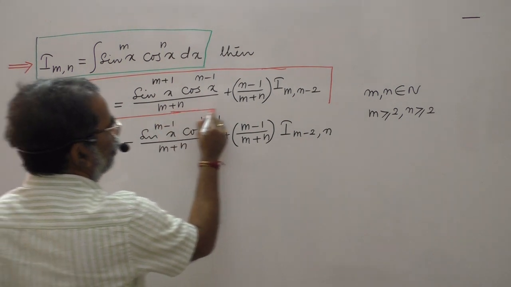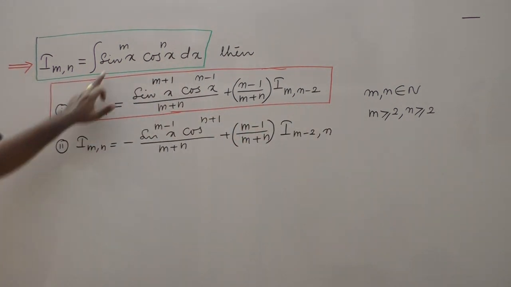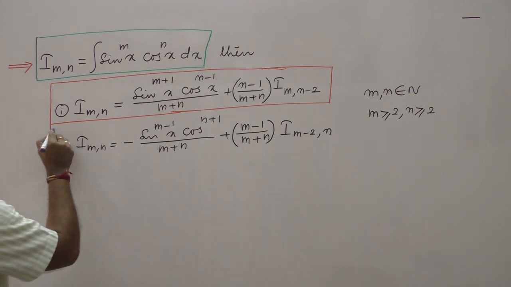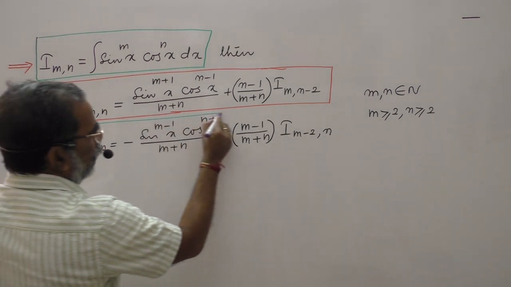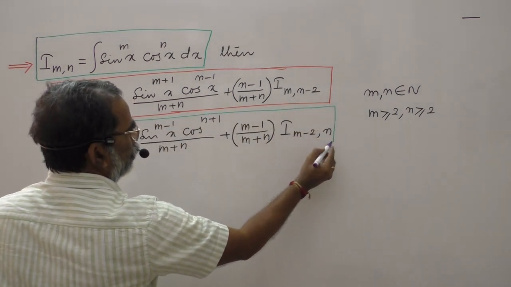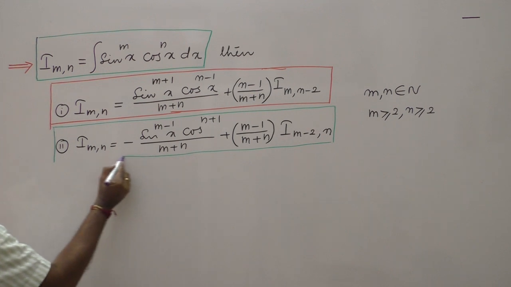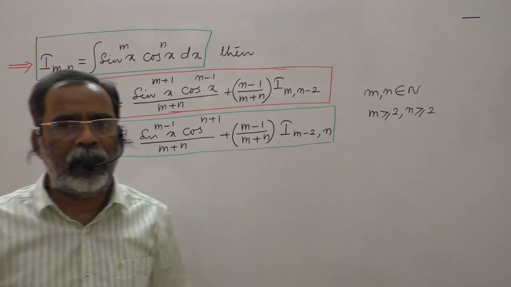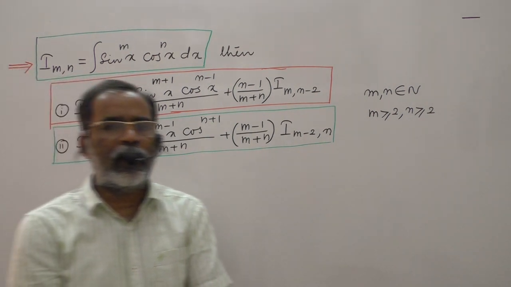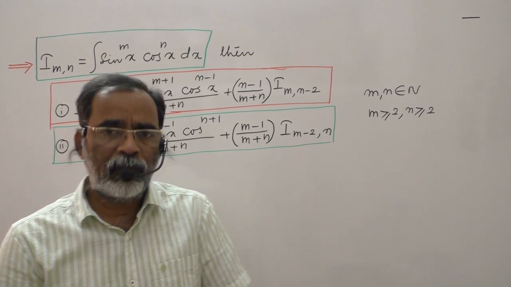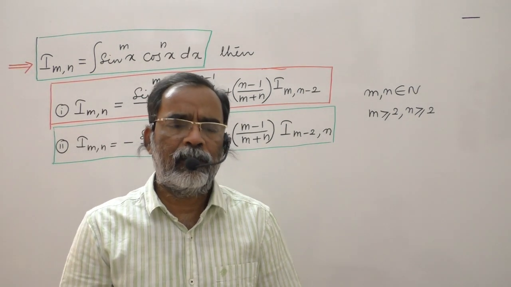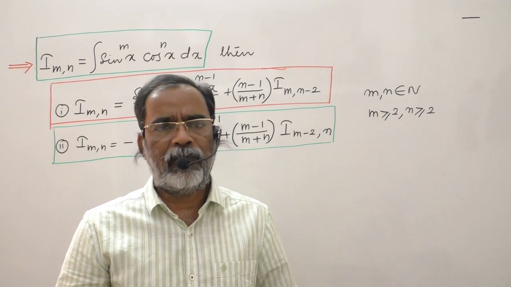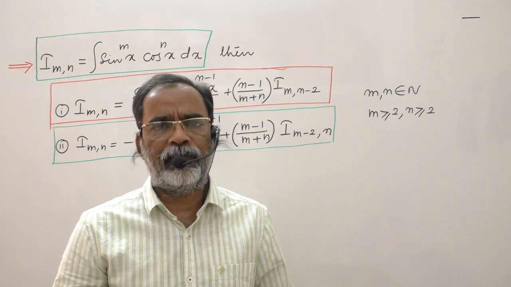For the reduction of sine power m cos power n, you can take either the first one or the second one. Yes, these are the reductions, where both m and n are natural numbers, both greater than or equal to 2. Still, for many functions whose integrals are not ending, for them also you can use reduction.